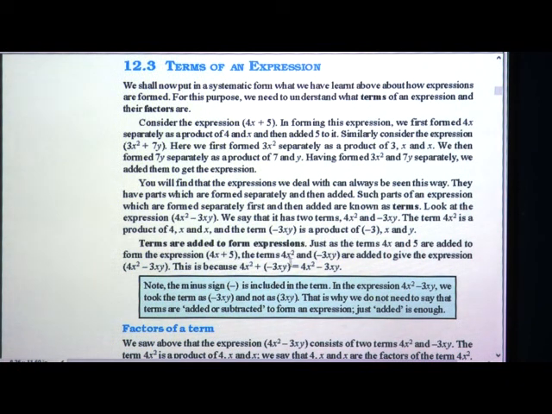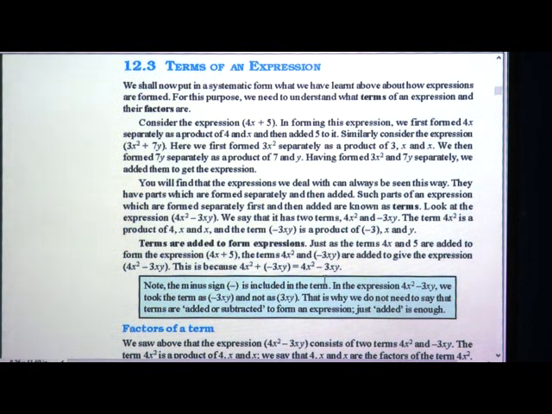The terms 4x square and minus 3xy are added to give the expression 4x square minus 3xy. This is because it is 4x square plus, inside the bracket, minus 3xy. So, terms are always added to the first term, which we write as 4 multiplied by x multiplied by x.